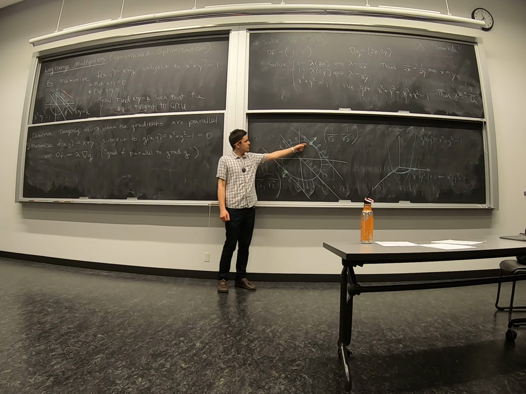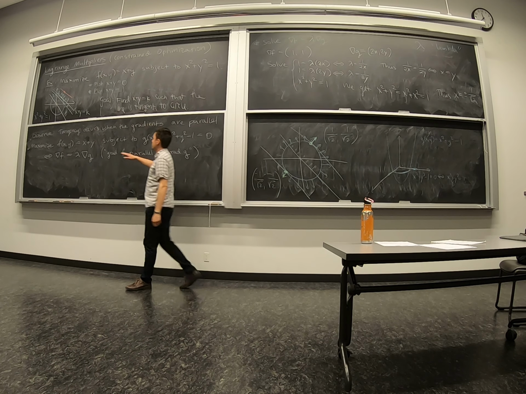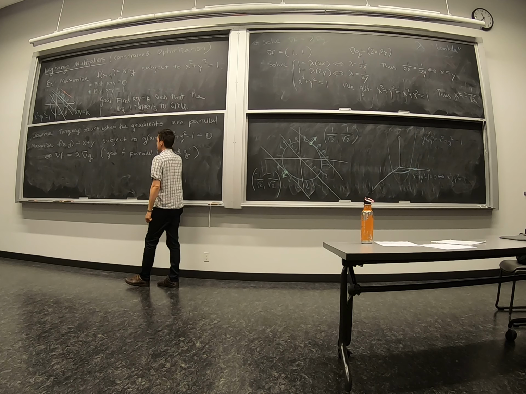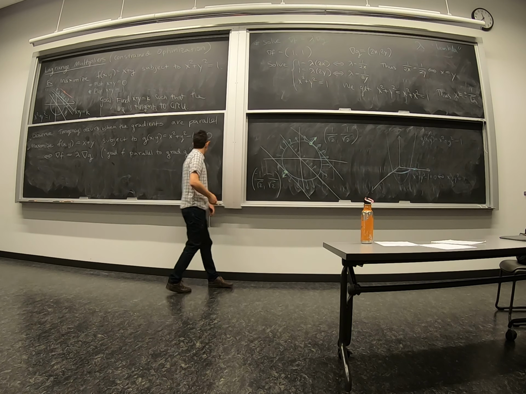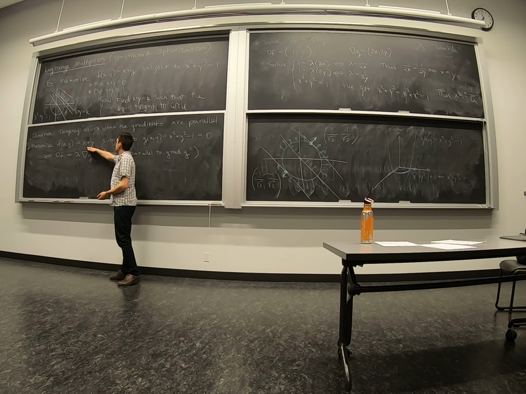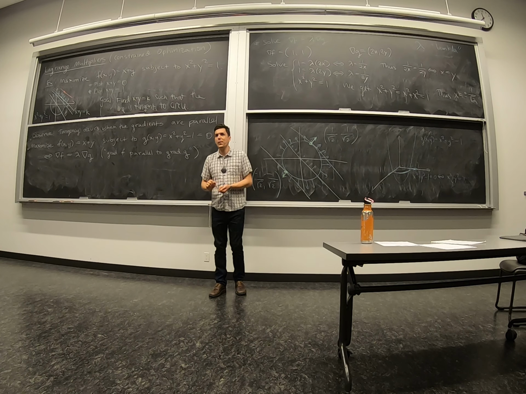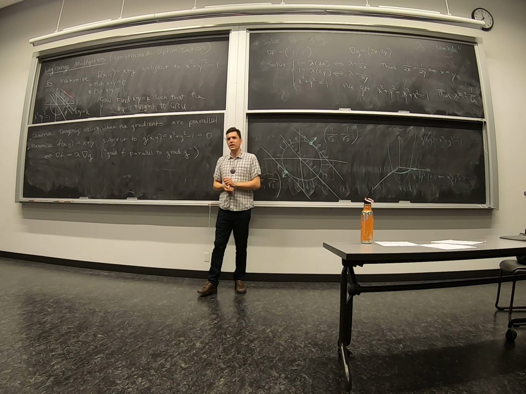Okay, so this one will correspond to the maximum of x plus y on the circle, and this one will correspond to the minimum of x plus y on the circle. Question? Are they both the same z value?